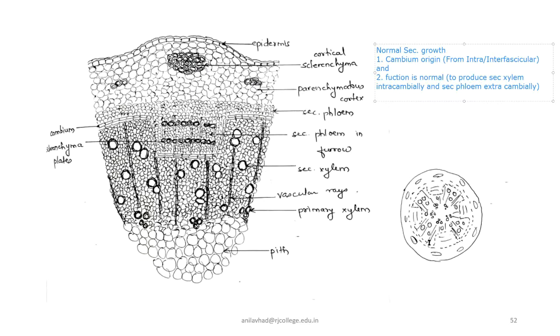Now this particular activity is abnormal. And if it is abnormal, then we have to consider this as anomalous or abnormal secondary growth. This abnormal activity of alternate strips results in 4 wedges of phloem being embedded in the secondary xylem.